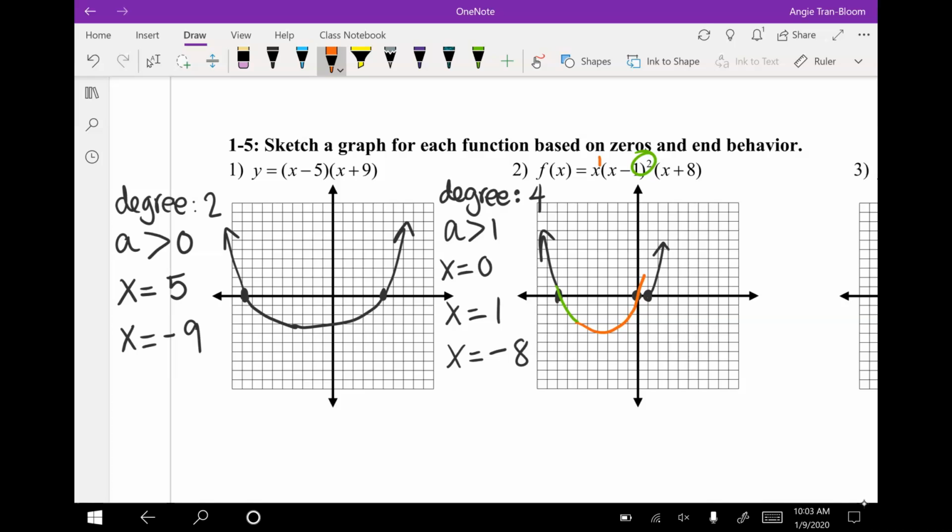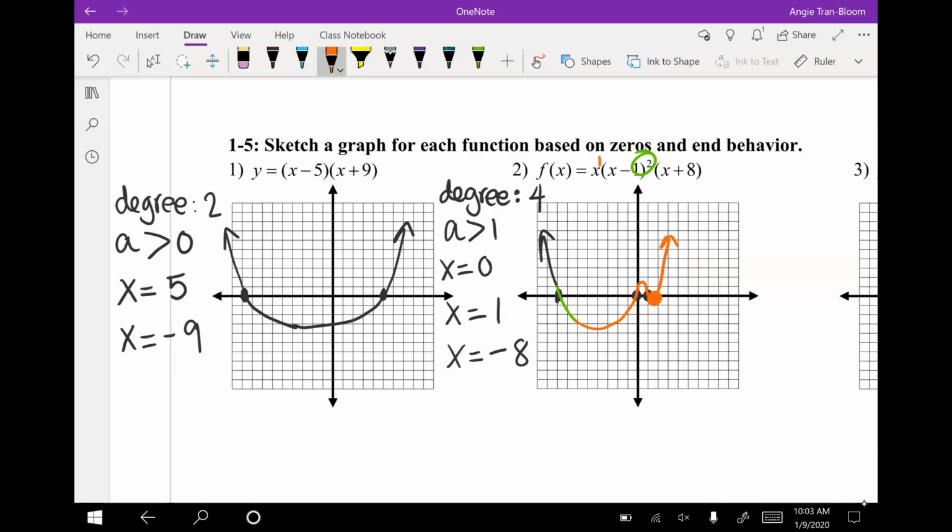True or false? Then at 1, I bounce off, right? Or just touch it. So would you agree that I'm something like that? Okay, I'm going to make it a little bit prettier. So would you agree that I just bounce off at that one location? Yeah. And that's all we've got to do when we are sketching.